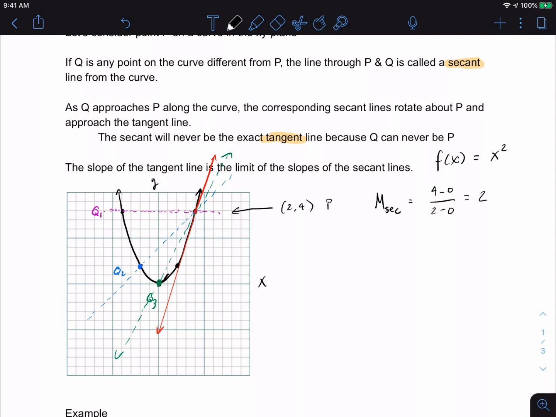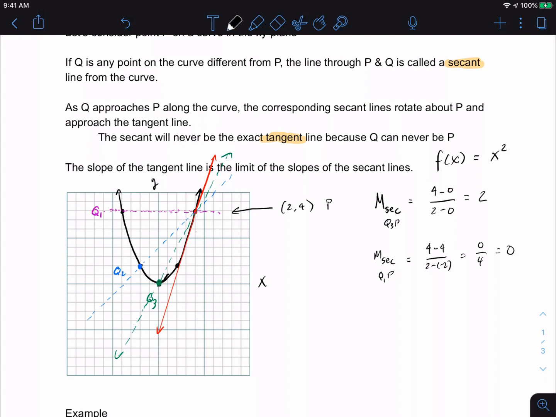If I did the secant from Q1 to P, wasn't that 4 minus 4 over 2 minus a negative 2, which would give me 0 over 4, which is 0, right?